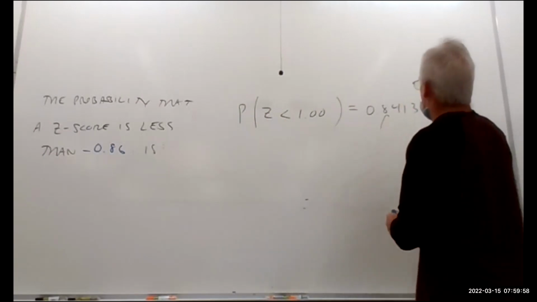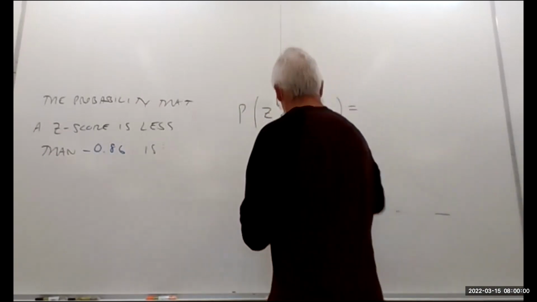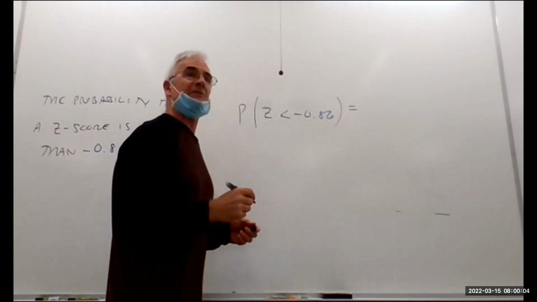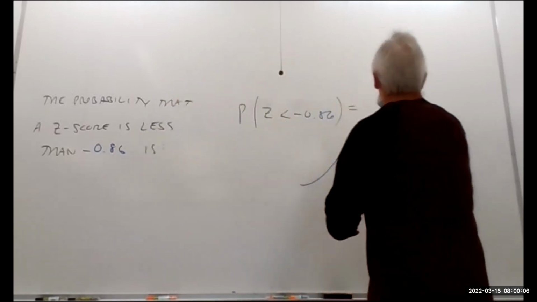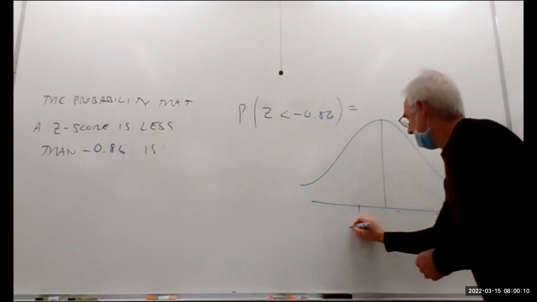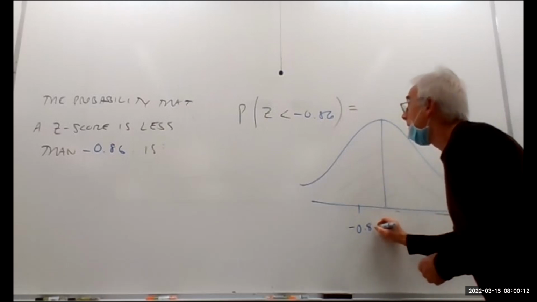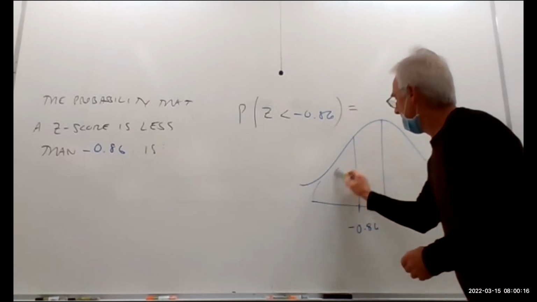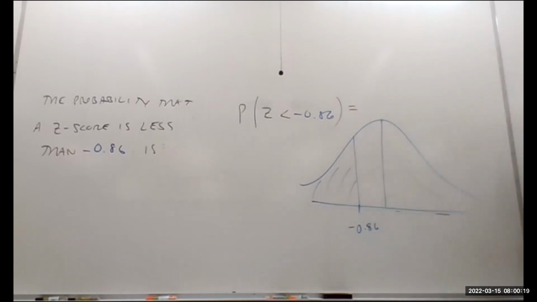And so then the way we ask that question, we put a negative 0.86. Now, before you even answer the question, it's kind of a common sense thing. Can somebody tell me something about my answer?